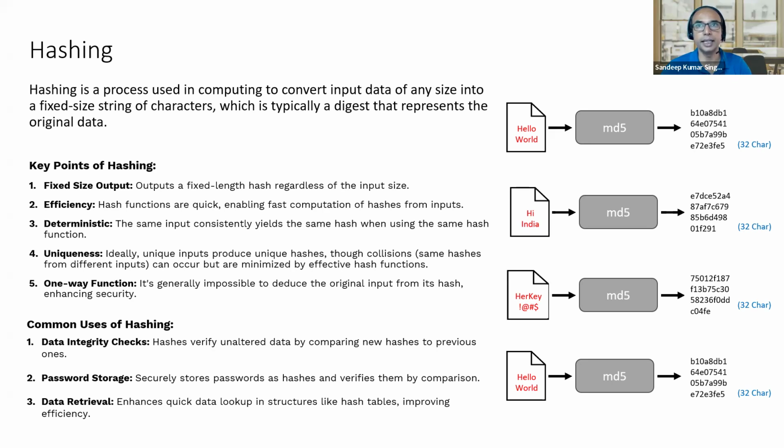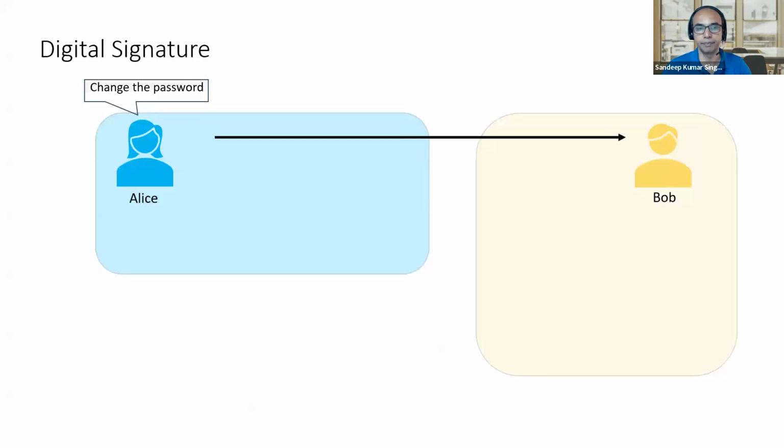So for any service that I'm using on the web, even the website owner should not know the password. So they generally hash it so that they cannot reverse it, right? It can also be used for data retrieval. It enhances quick data lookup in structures like hash tables, improving efficiency as well.